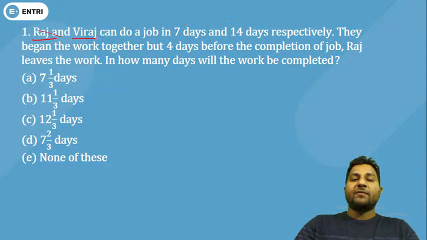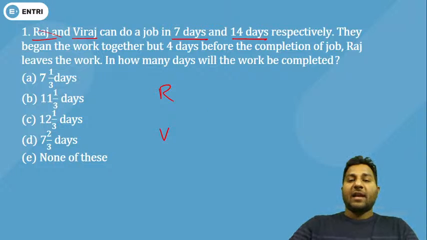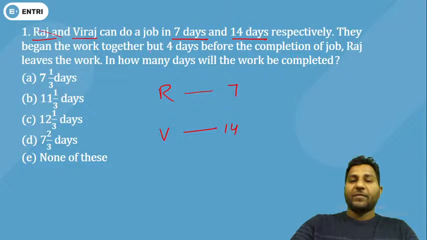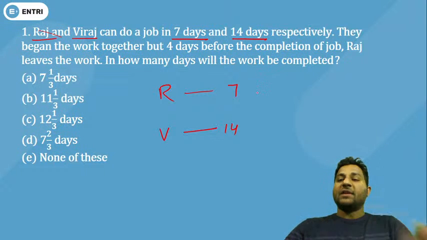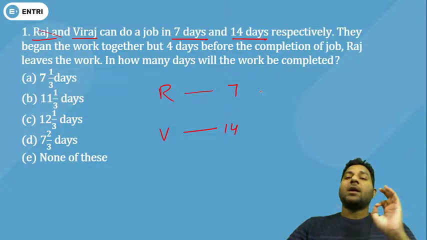Look, Raj and Viraj can do a job in 7 days and 14 days respectively. Raj took 7 days and Viraj took 14 days. They began the work, but 4 days before the completion of the job, Raj leaves. In how many days will the total work be completed? For this question, I will give you a shortcut method.